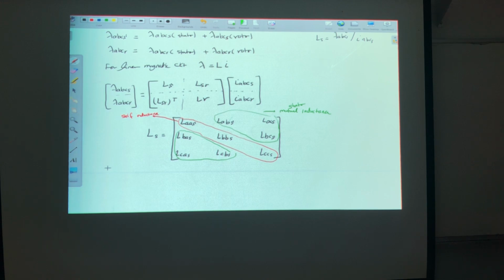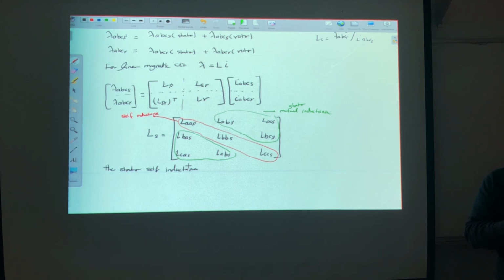Now, any inductance is decomposed of what? If I'm having a coil and there's a current flowing in this coil, it will generate two fluxes. Yes? One is the leakage.